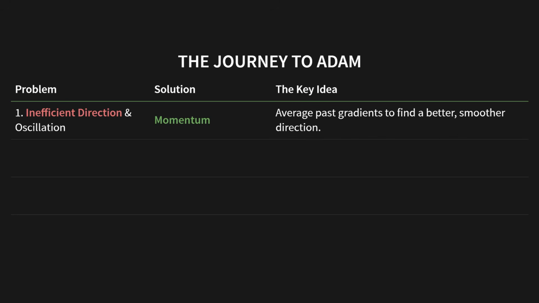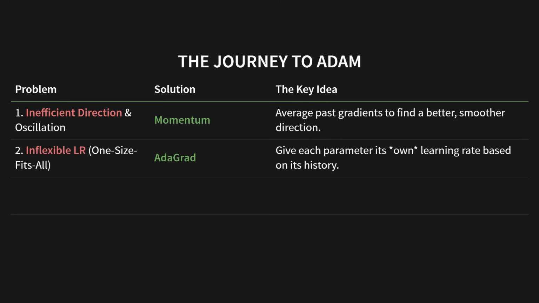First, the problem of inefficient direction and oscillation. The solution? Momentum. The key idea was to average past gradients to find a better, smoother direction. Second, the problem of an inflexible, one-size-fits-all learning rate. The solution was Adagrad.